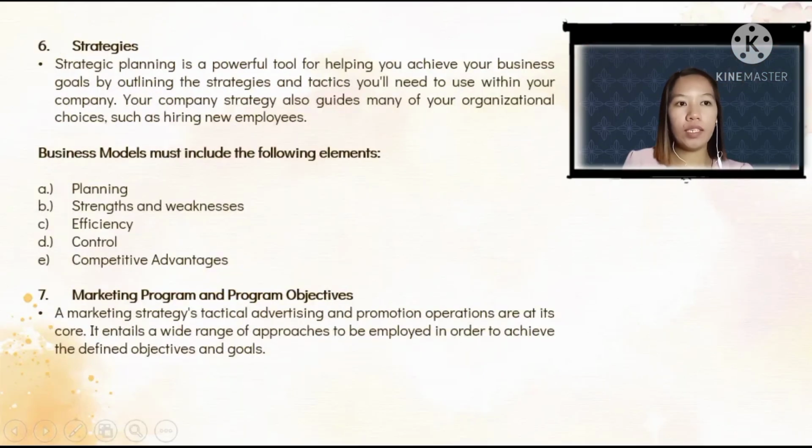Number 6, strategies. Strategy planning is a powerful tool for helping you achieve your business goals by outlining the strategies and tactics you'll need to use within your company. Your company's strategy also guides many of your organizational choices, such as hiring new employees.